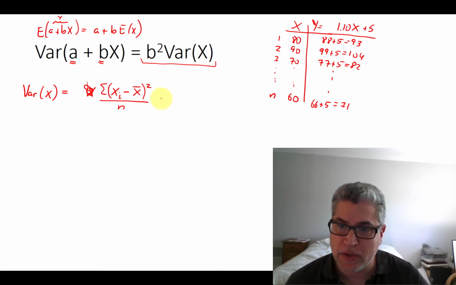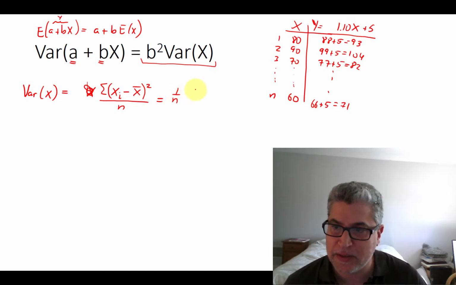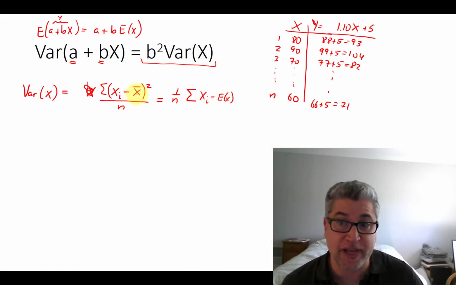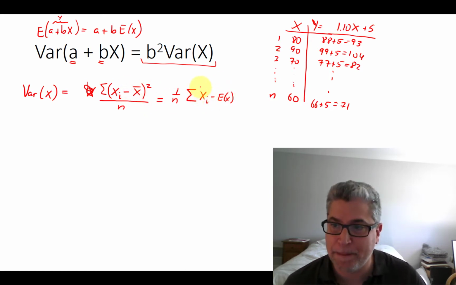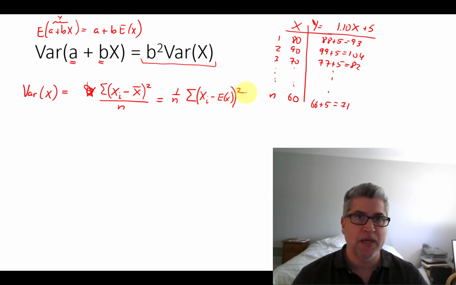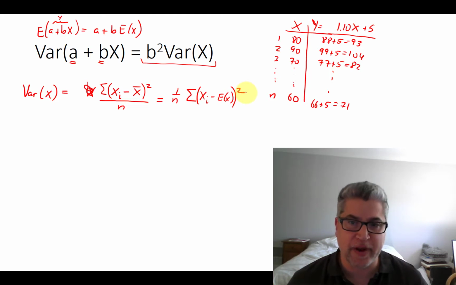Okay, so in other words, that is this. And I'm going to use now the expectation notation for the average rather than the x-bar. And we're squaring that. So that's the simple formula for a variance.